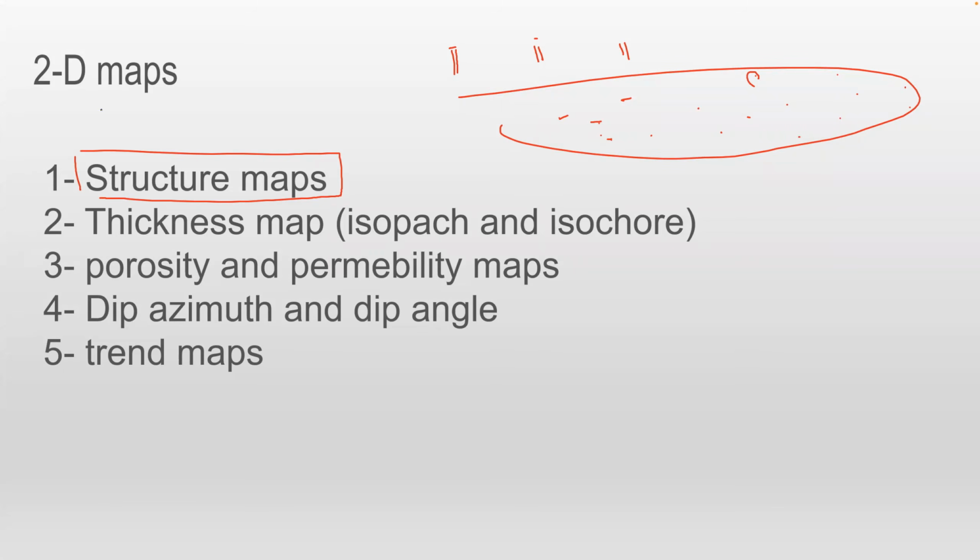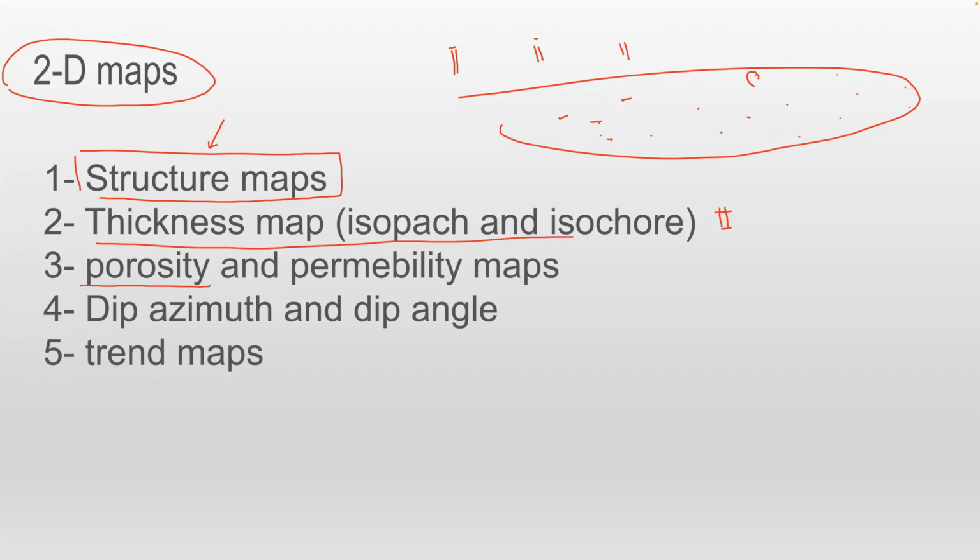Also, that's a type of 2D map. And sometimes you create an isopach map, based on just the thickness of the reservoir. They are also a type of 2D map.